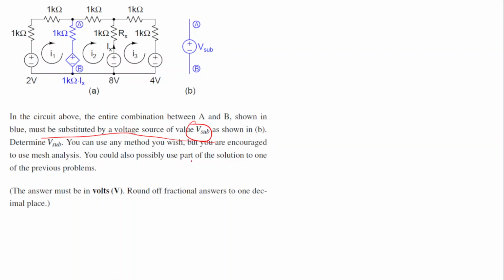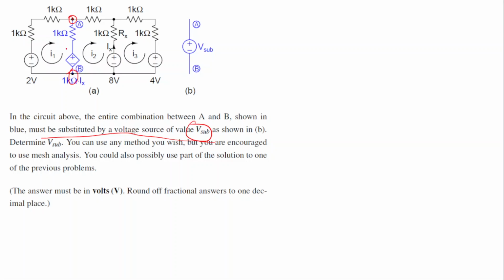In this solution, what is asked is that for the element between points A and B, you need to find the equivalent voltage. So you need to replace it with the equivalent voltage source.